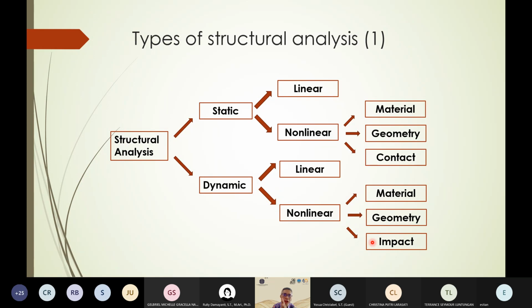And for grid shells, I think static nonlinear geometry analysis is important. Maybe bamboo material and contact are not our concern, but it seems that static nonlinear geometry analysis is important. Maybe that's one additional slide from me, Ms. Ruli, Ibu Ruli.